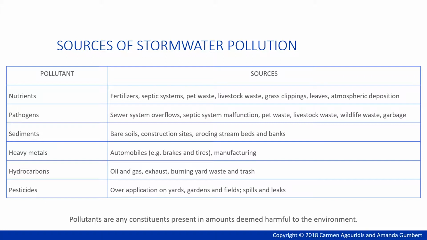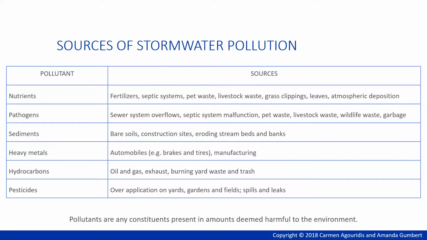Pollution is any constituent deemed in excess to what the environment can tolerate. Pollution comes from a number of sources. Nutrients often come from the over-application of fertilizers, malfunctioning septic or sanitary sewer systems, animal waste, yard waste, and even atmospheric deposition.